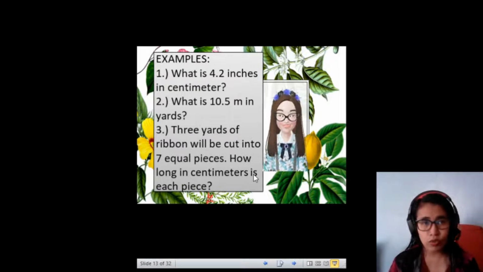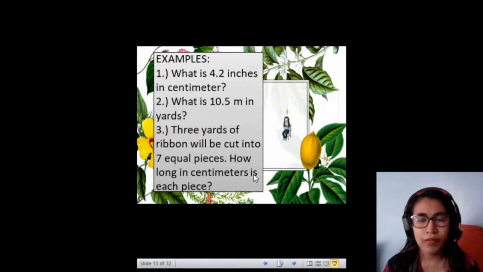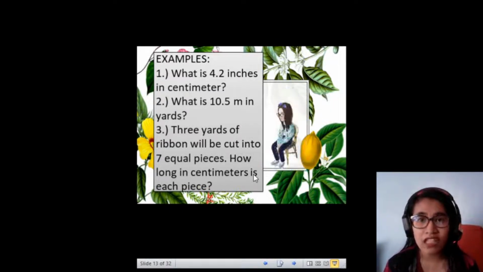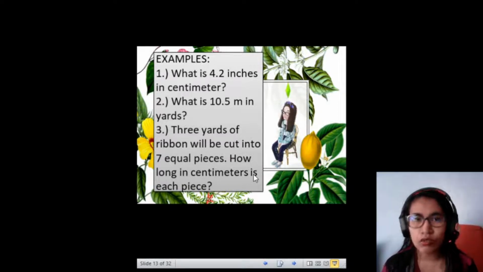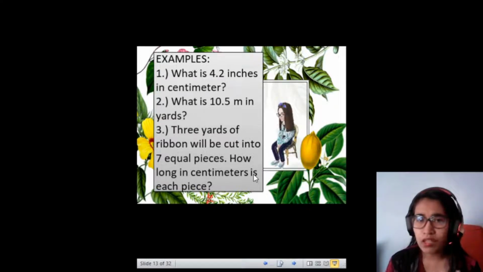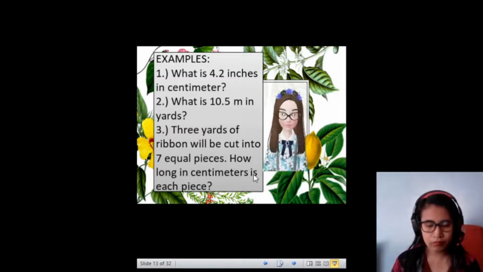Three yards of ribbon will be cut into 7 equal pieces. But the question is, how long in centimeters is each piece? So first, we need to convert the 3 yards into centimeter, knowing that 1 yard is equal to 91.4 centimeter.